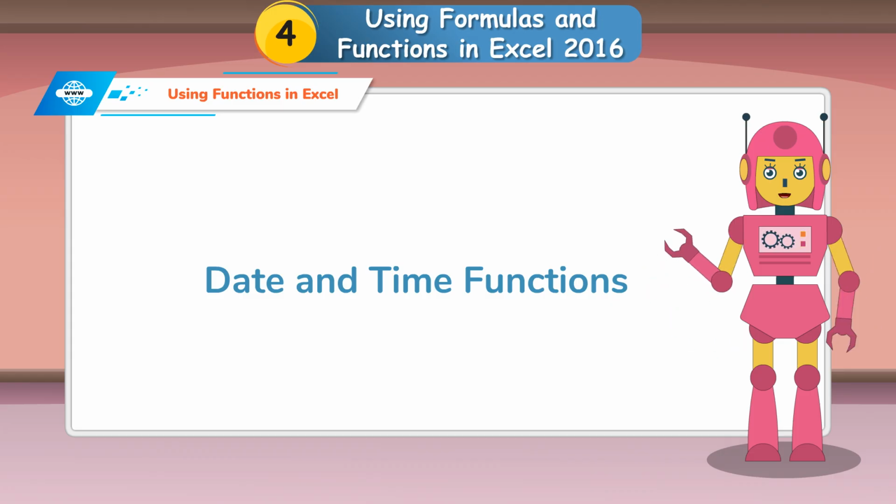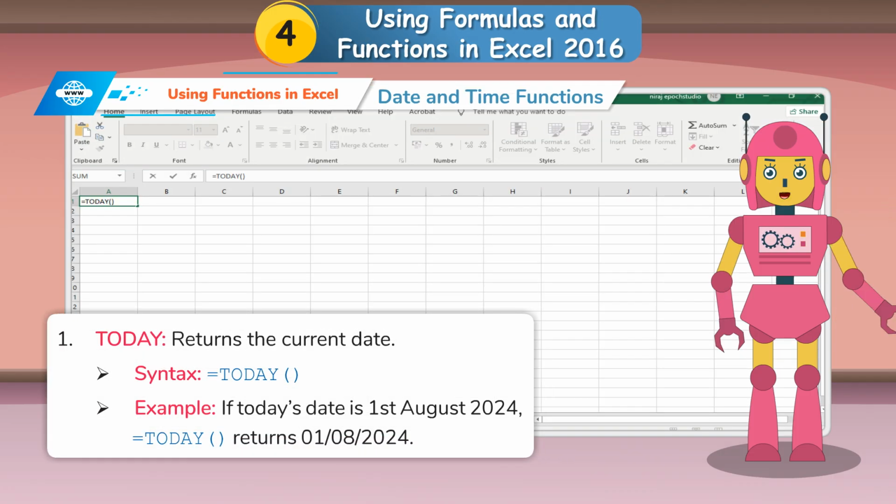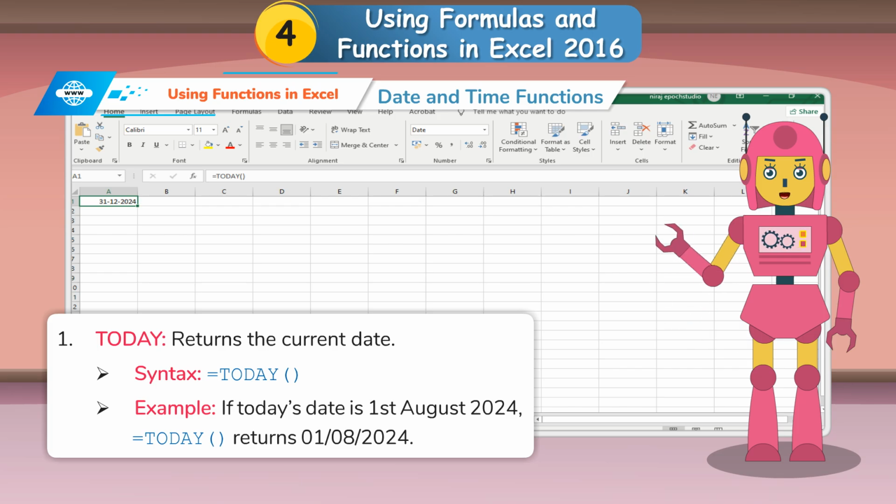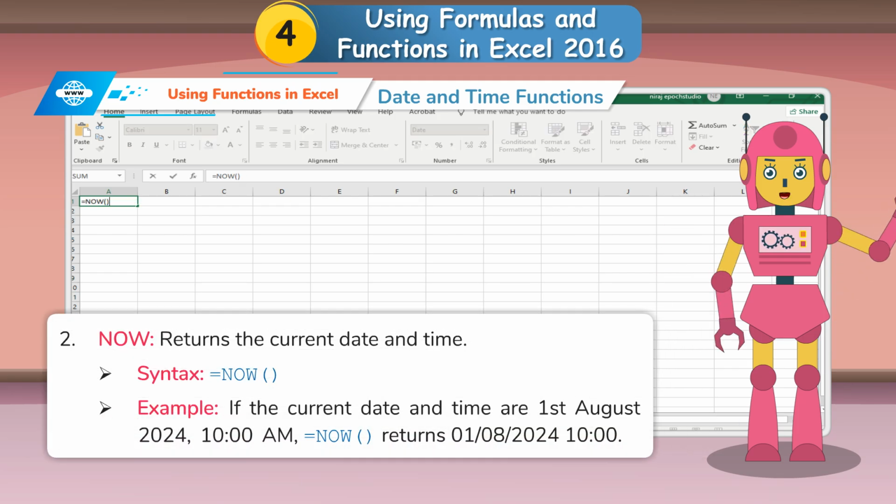Date and time functions. 1. Today returns the current date. Syntax: =TODAY(). Example, if today's date is the 1st of August 2024, =TODAY() returns 1st of August 2024. 2.